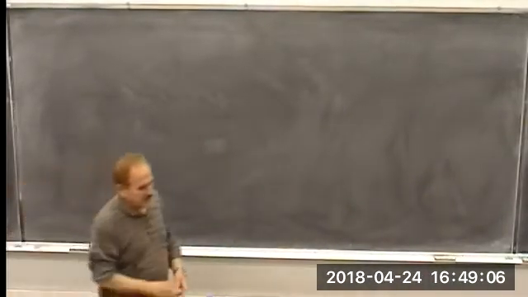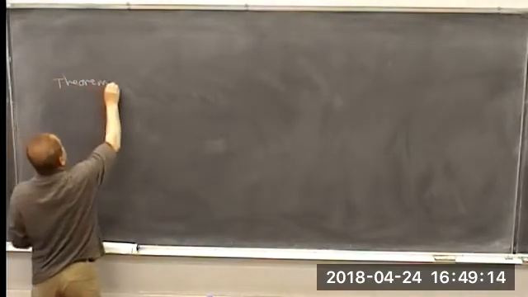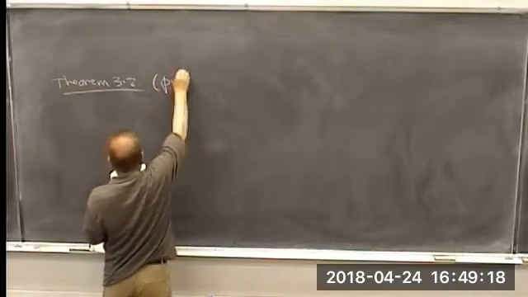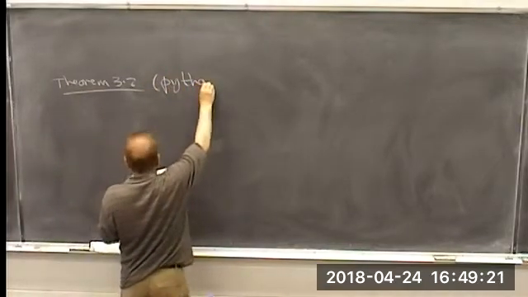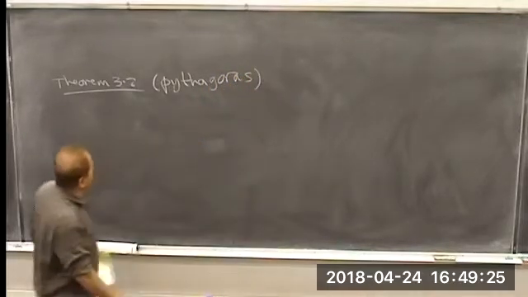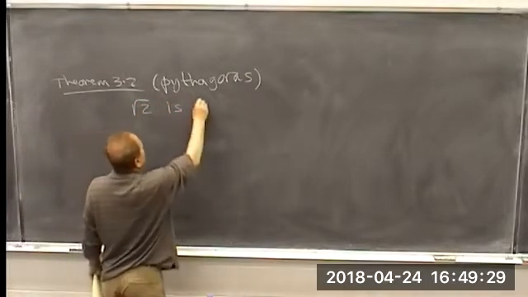It's a theorem that is credited to Pythagoras, Theorem 3.2. It says that the square root of 2 is irrational.